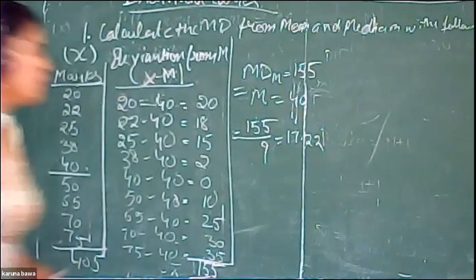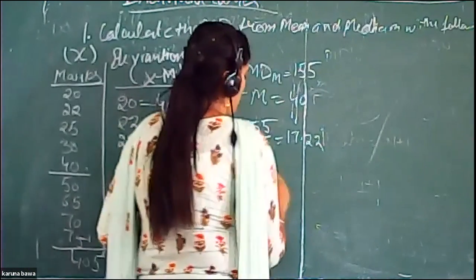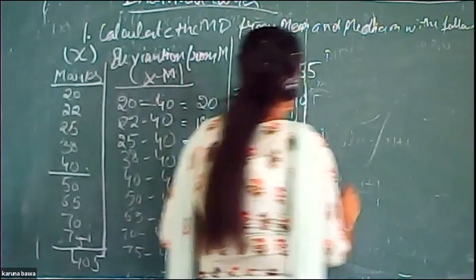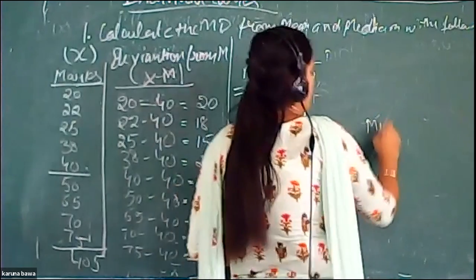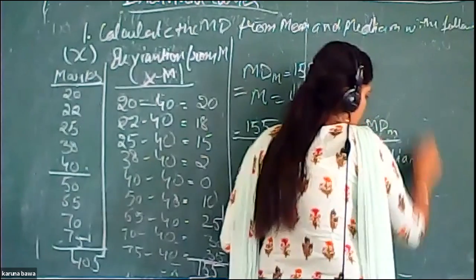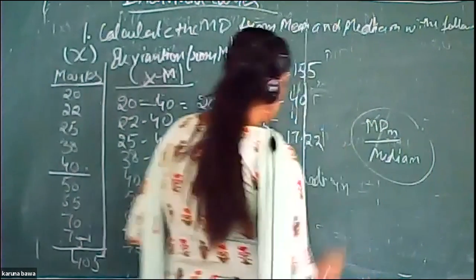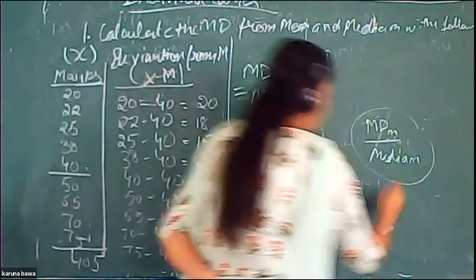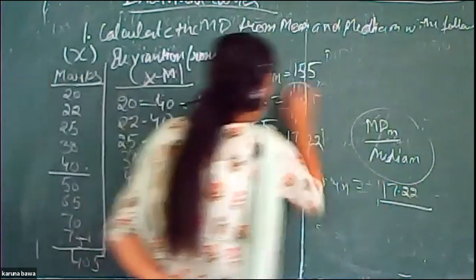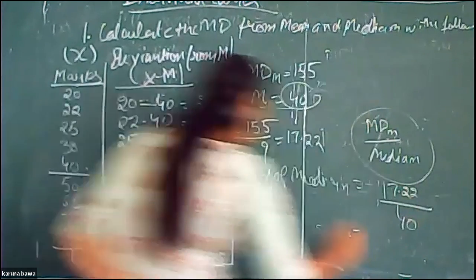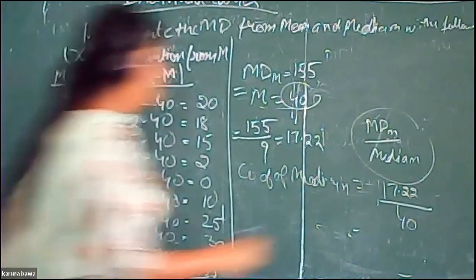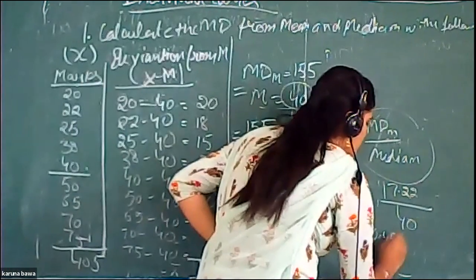So now find out the coefficient of median. Mean deviation from median divided by median. This is the formula. So first of all, 17.22 divided by the median value, 40, and the answer is 0.43.